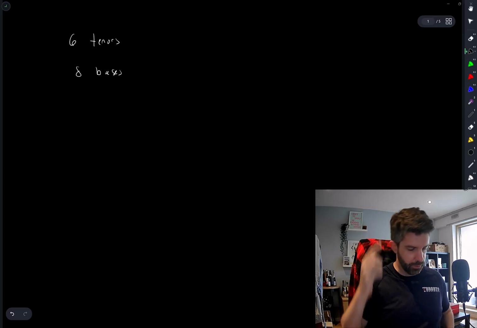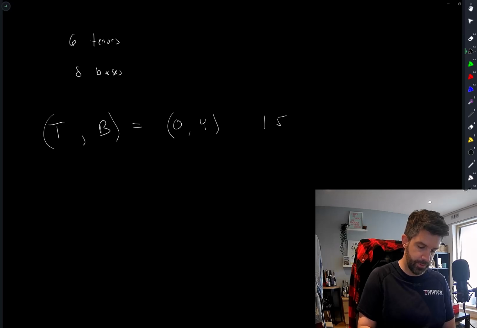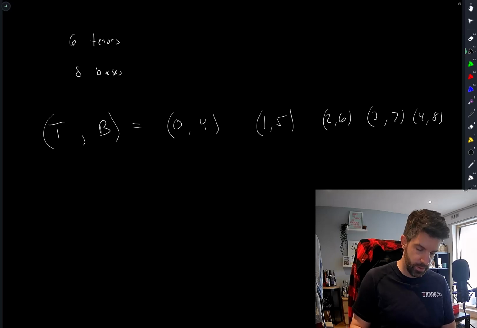The way I'm going to do this is by writing out the number of tenors and basses that are possible. So this could be 0, 4, 1, 5, 2, 6, 3, 7, or 4, 8, or 0, 8.